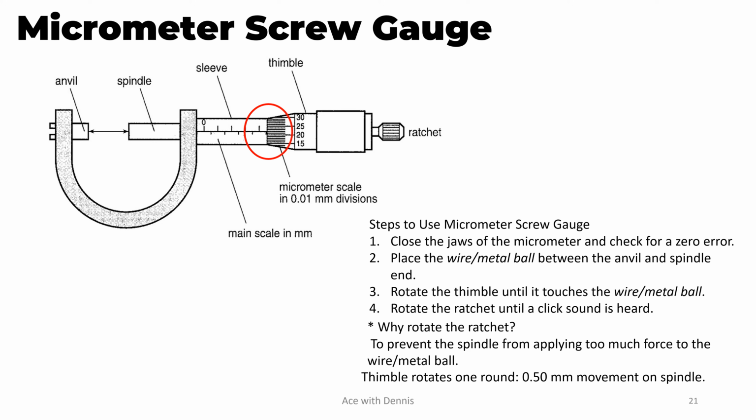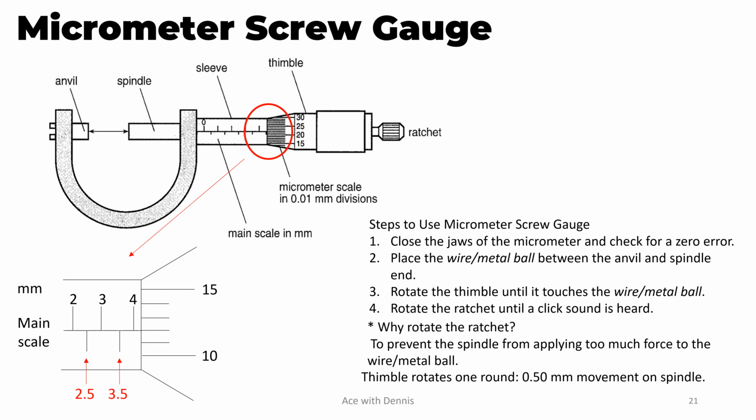Now let's learn how to read from the scale. We will check from the main scale in mm. So this is 2.5, this is 3.5, and this is the thimble scale.